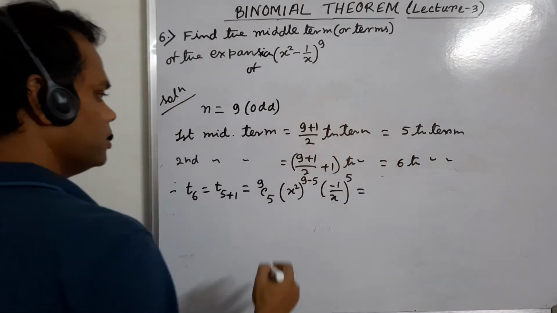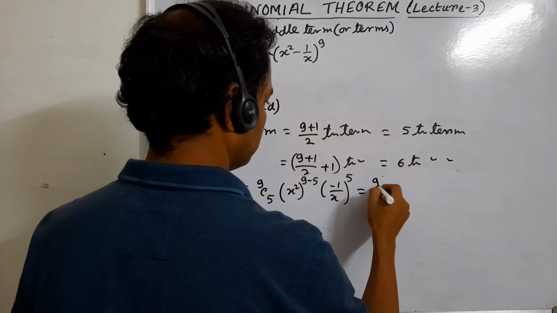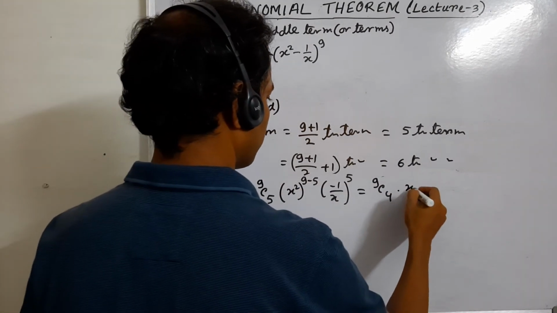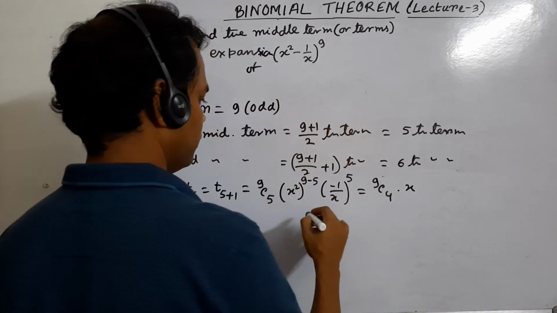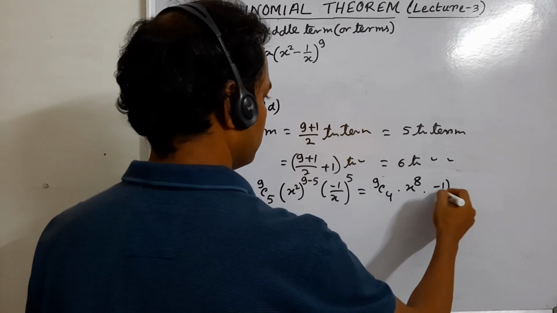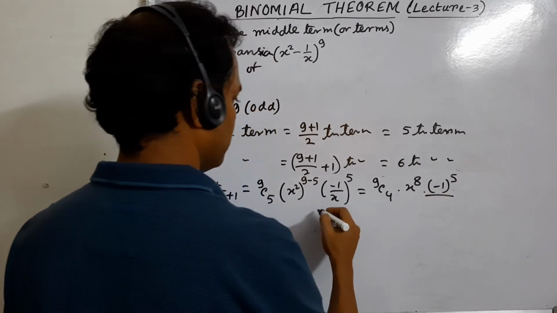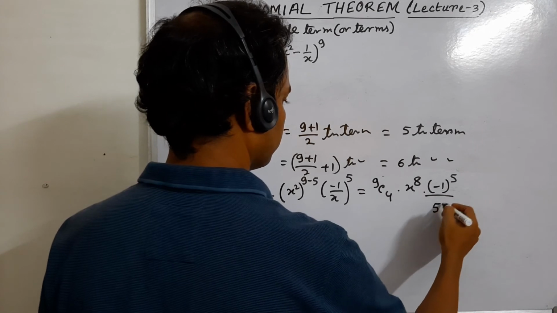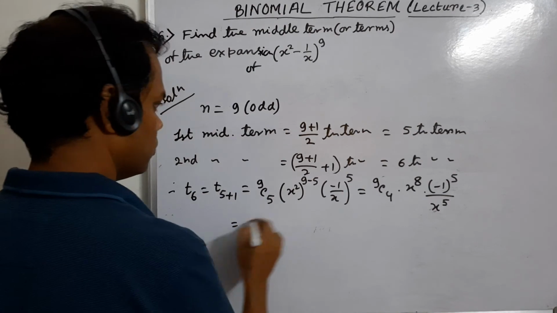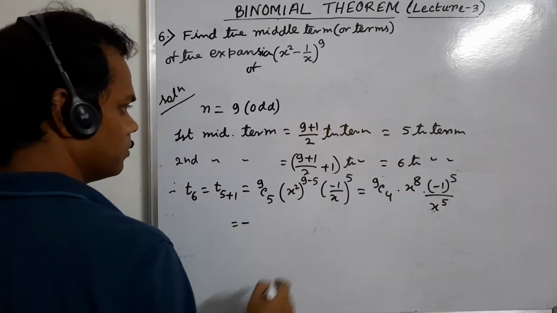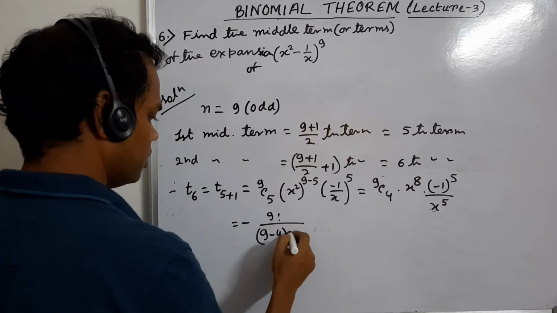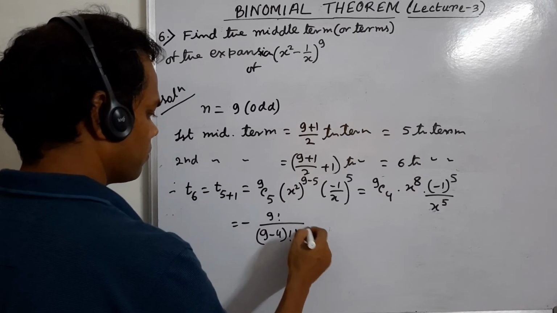So 9C5 is 9C4, x to the power 2 into 4 is 8, minus 1 to the power 5 by x to the power 5. So this one is minus 9C4, which is 9 factorial by (9 minus 4) factorial into 4 factorial.